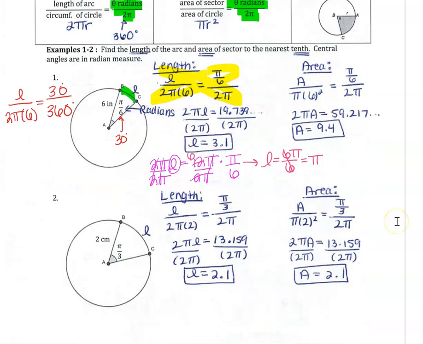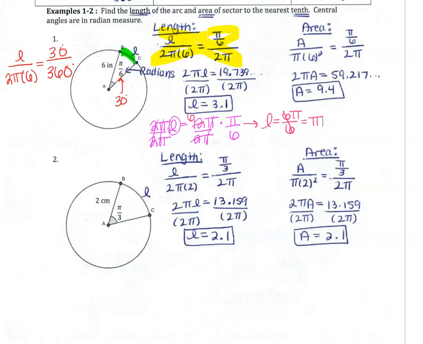So if I show you the next example, I'm not going to go through the calculator stuff again. All we're doing in this answer key is cross multiplying, getting a decimal, and then dividing using the parentheses. Same thing here, cross multiply, get the decimal, divide using the parentheses. But let's say hypothetically you wanted to get an exact answer for the length. This is 2 pi L equals, now this is 4 pi for your circumference times pi over 3.